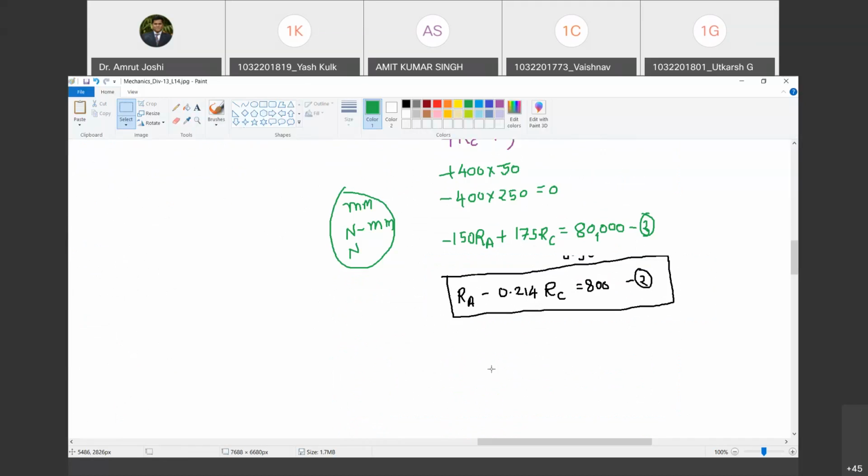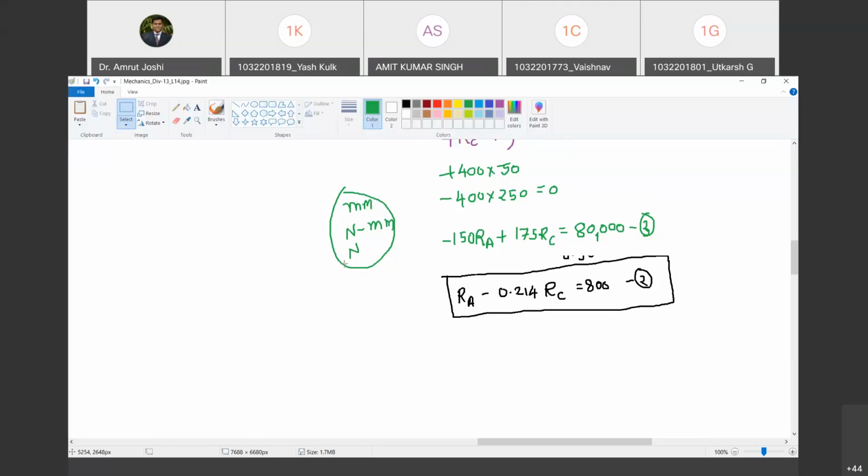Then 175. Then on right hand side, you have 80,000. Then the coefficient of RA is 1. Then coefficient of RC is minus 0.214, and then you have 800.